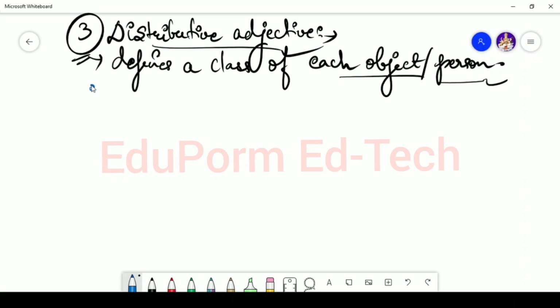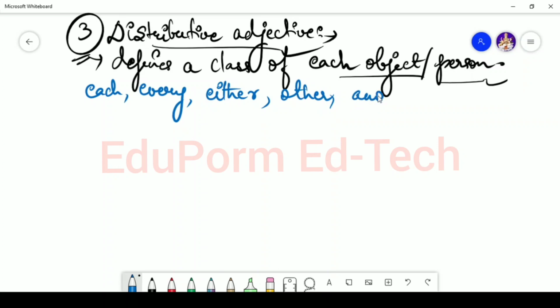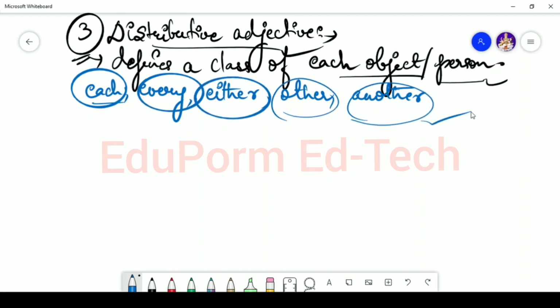Let's say for example, when you're using words like each, every, either, other, another, all of these are basically considered as distributive adjectives.